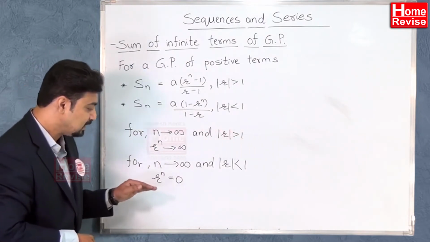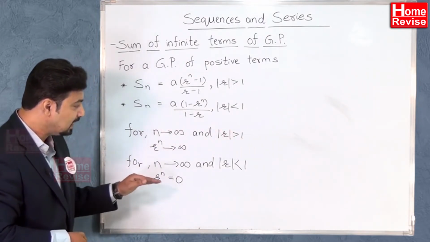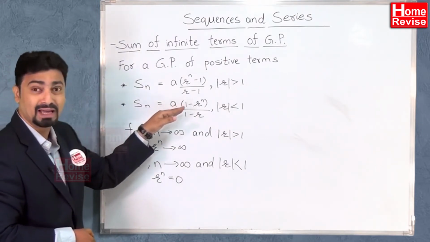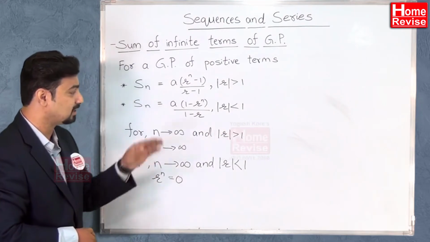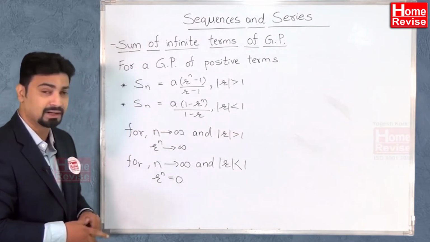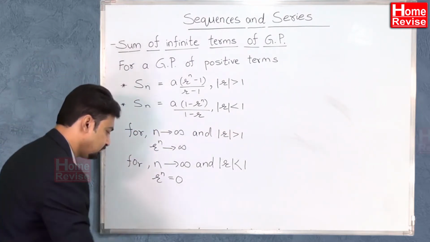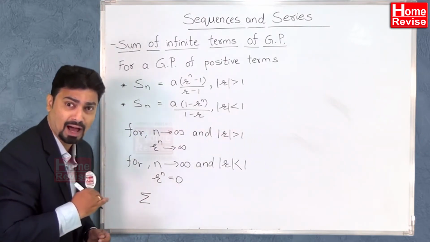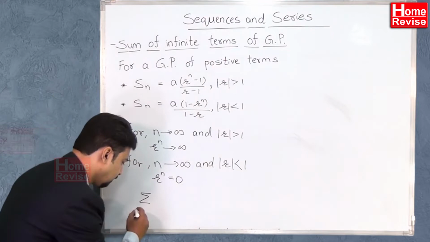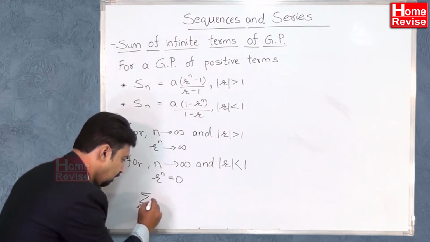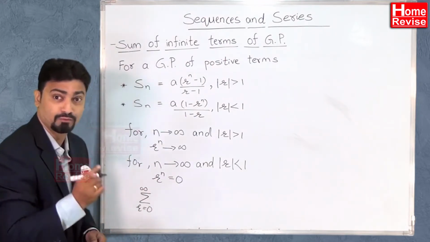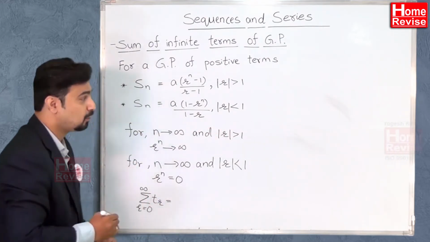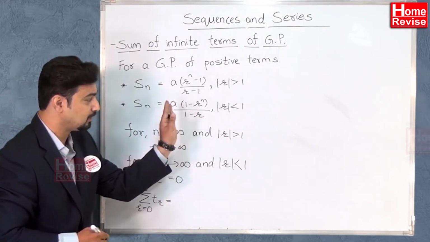Now when this is 0, if we substitute this in the formula for Sn, that is a into 1 minus 0 upon 1 minus r, that will be a upon 1 minus r. Then I can say that the summation from r equal to 0 to infinity of t_r will be equal to, as I said, 1 minus 0, that will become 1.